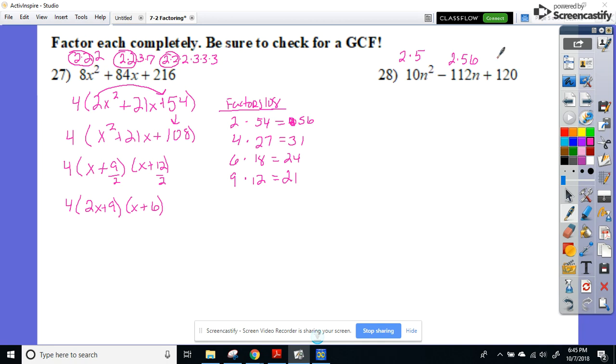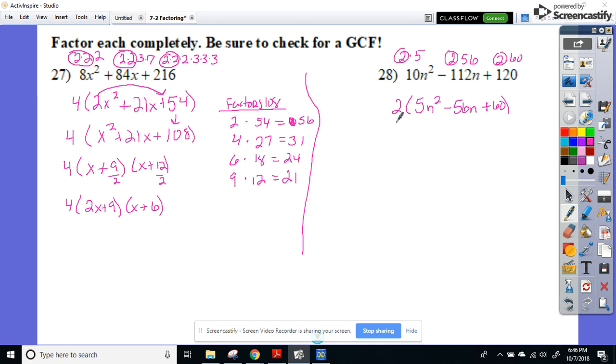And this one is 2 times 60. Okay, this one's not divisible by 5. 56 is not divisible by 5, so I don't have to worry about factoring it. 2 is going to be the GCF. So pull the 2 out: 5n squared minus 56n plus 60.